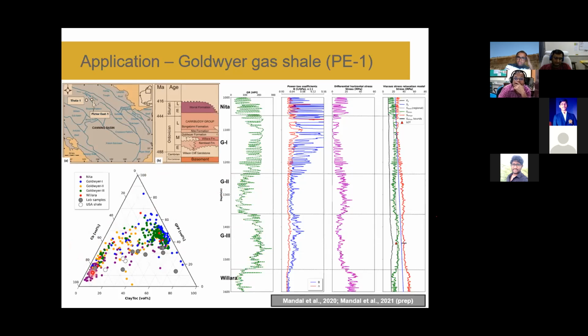In this case, you can see the lab sample is shown in gray color. And I think I need to mention here, I have not discussed that scenario.